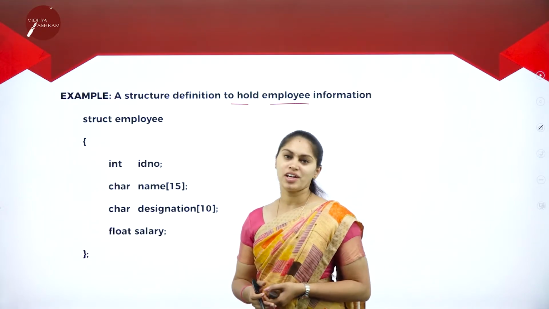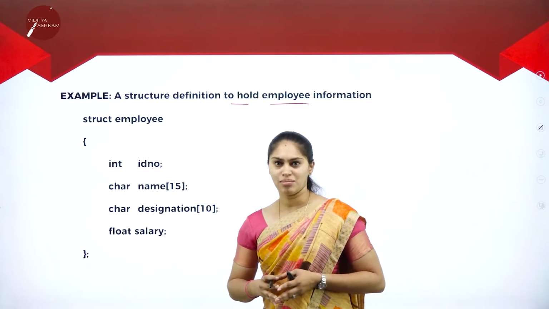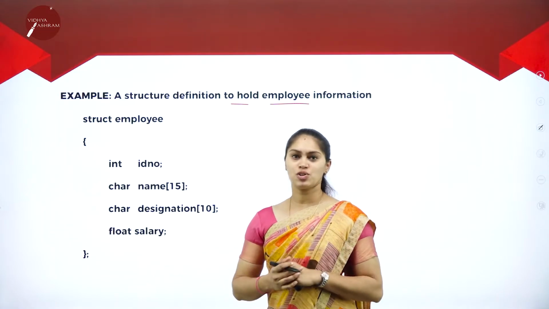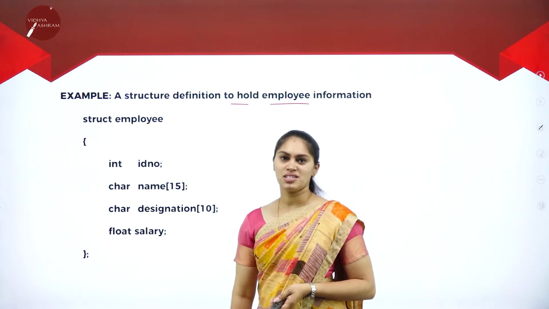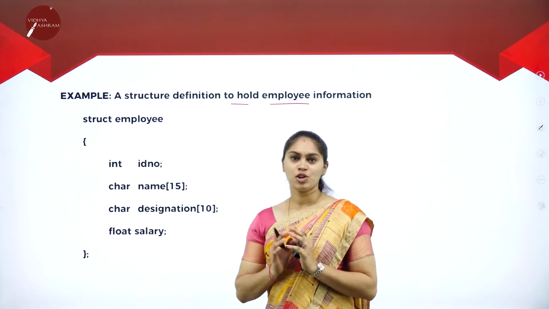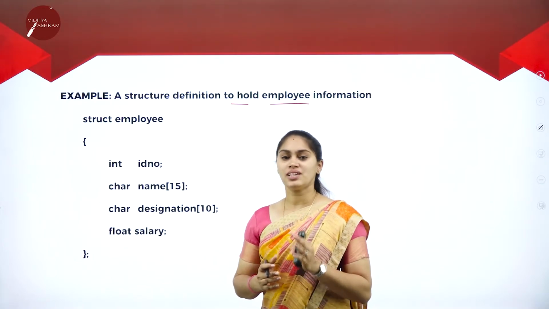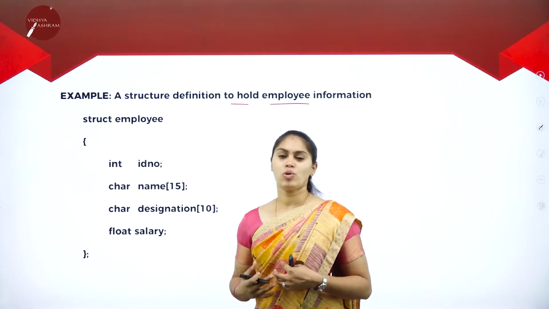No, I take it as a whole number. That means this is a collection of different kinds of data elements. By making use of the structure concept, it is possible to implement a collection of various data items together. That is the reason we call a structure a user defined data type. As per my requirements, I can create my own data type.